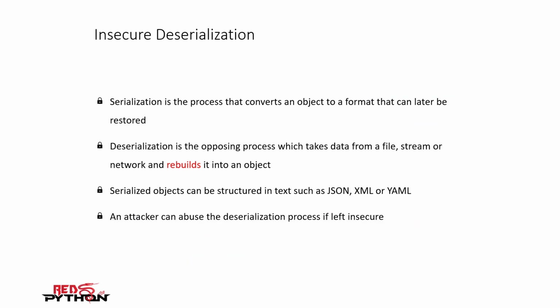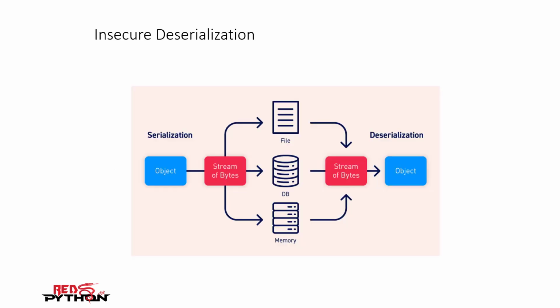Insecure deserialization is another web vulnerability that is out there. Before talking about deserialization, let's talk about serialization. I'll go directly to the example here. Serialization is the process of changing an object to another format, such as XML, JSON, etc., that is easily stored.